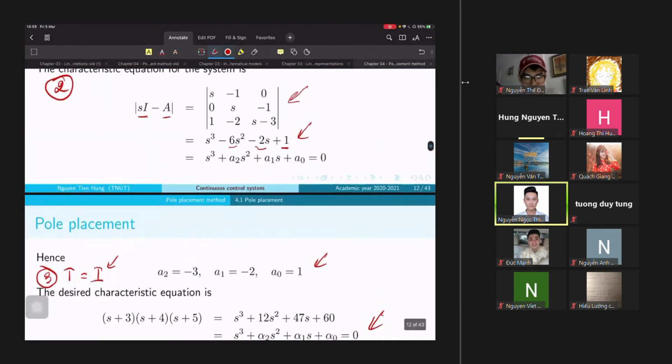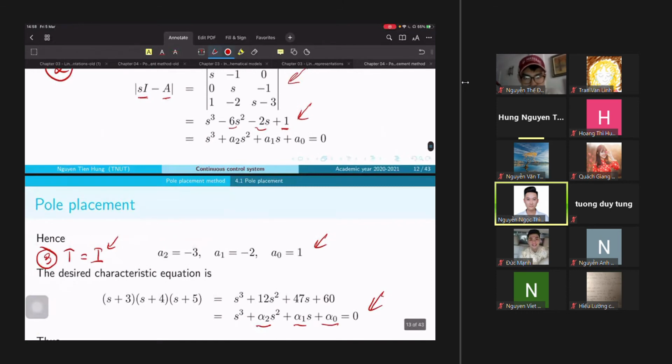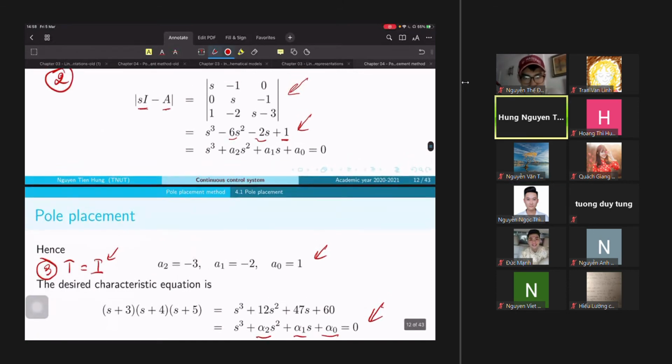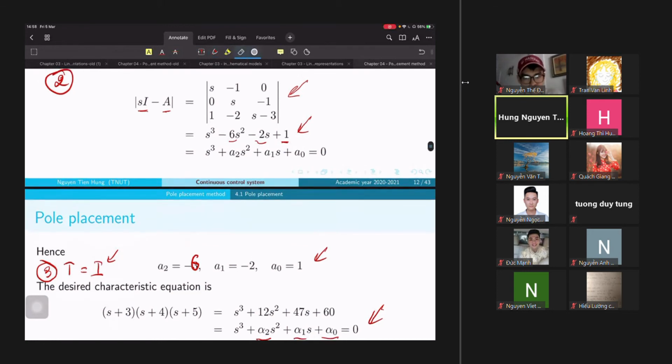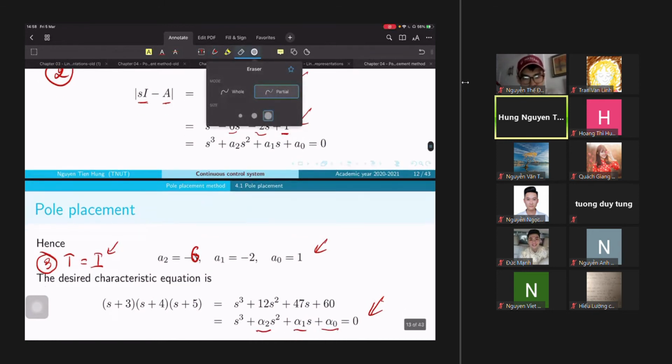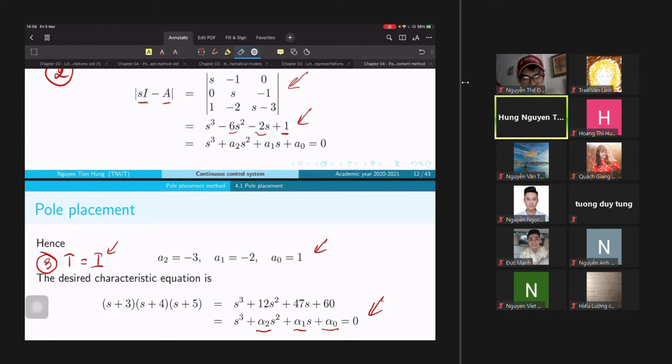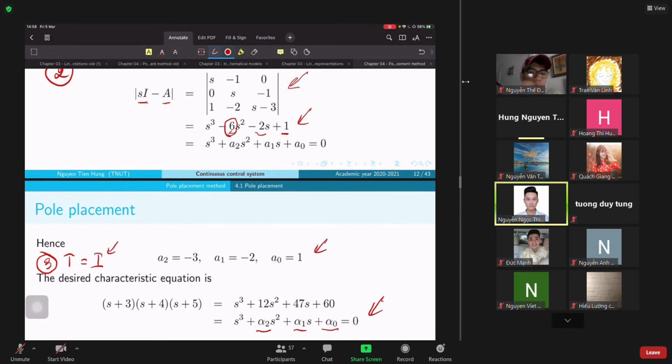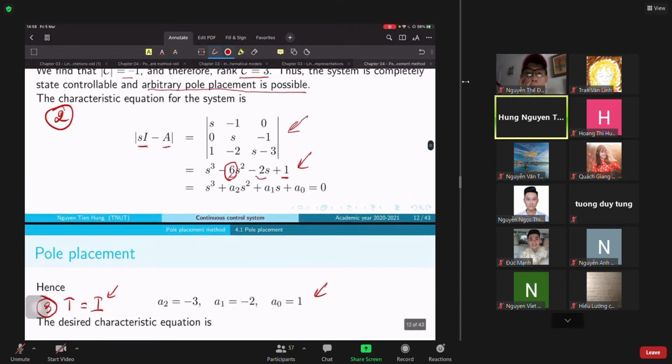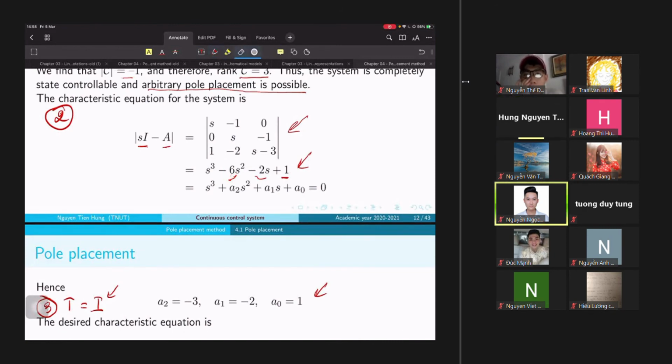Sorry, I made a mistake here. Please check for me, because maybe I made something wrong in the typing. Maybe it should be minus 3 here. I think you can calculate this. We will check it together. I think that I have something wrong here.